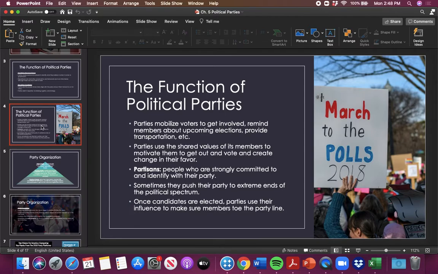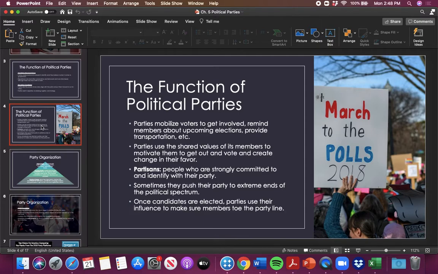Much like people who are into football or basketball, the game's more exciting when their team is playing. People get that same rush from elections because when their party wins, they get really fired up. And when their party loses, they might be upset for a bit, but then that can fire them up to try harder next time.